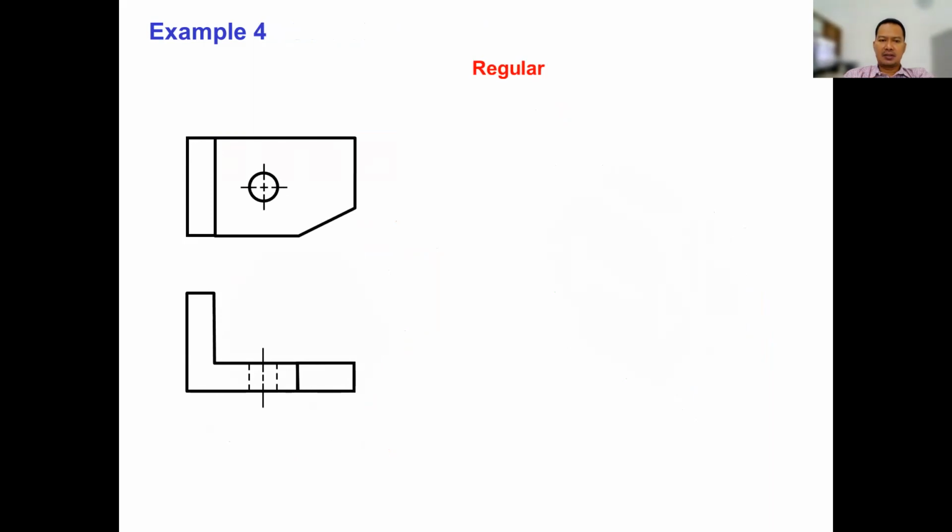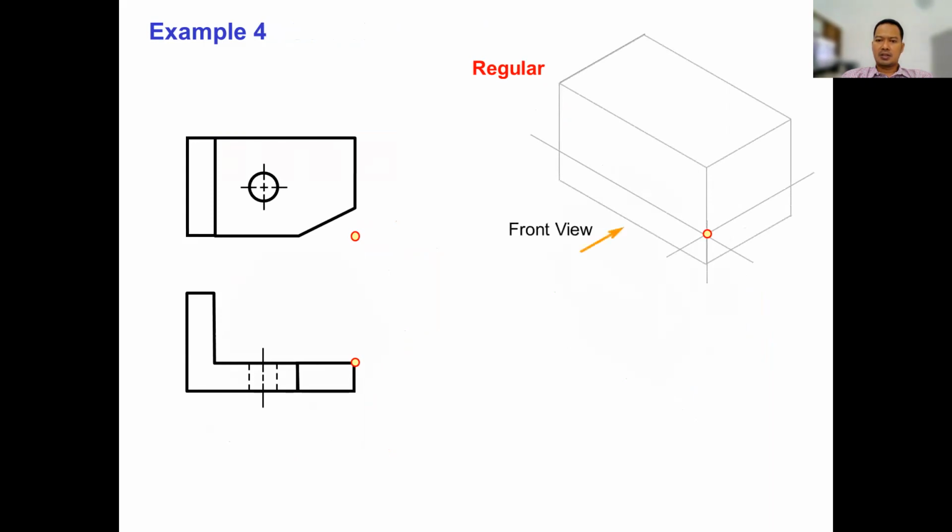And then for the regular, we have a projection drawing like this. Then continue to create the isometric axis, and then draw the box. This is front view, the sign direction, and then see the A distance is this one.